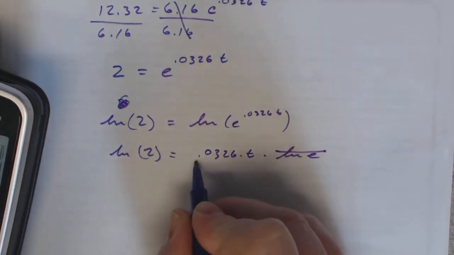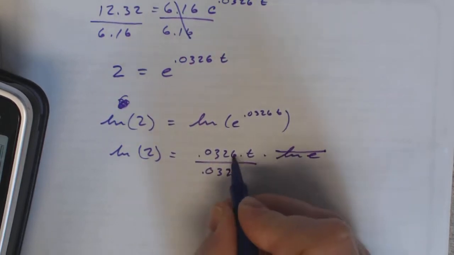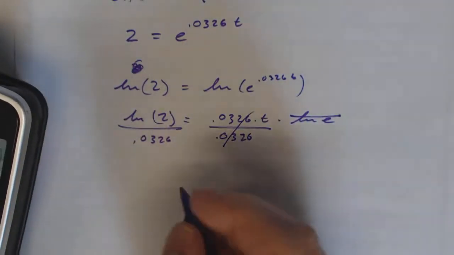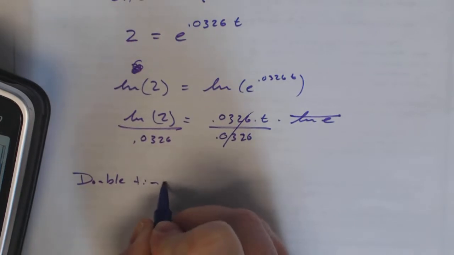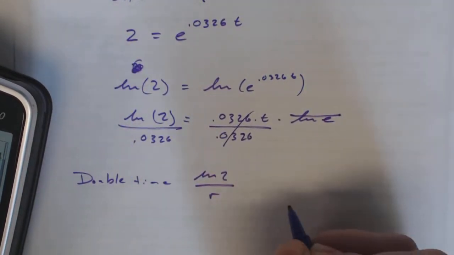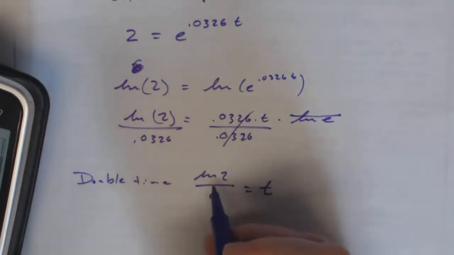And then we're just going to divide that away because I'm multiplying by t. So here's the thing. If you want to know a doubling time, really all you need to know is natural log of 2 divided by your rate, and that will tell you your time.